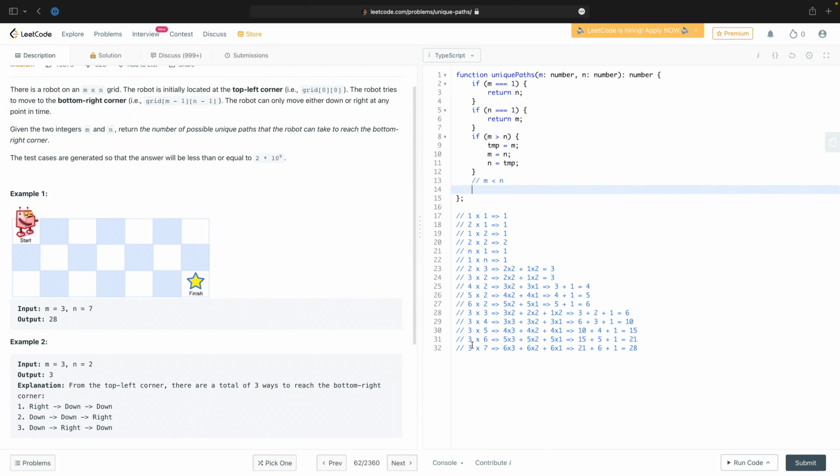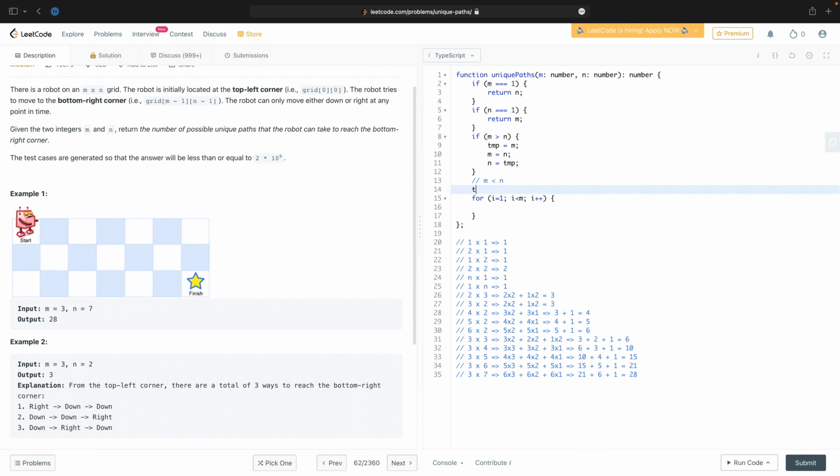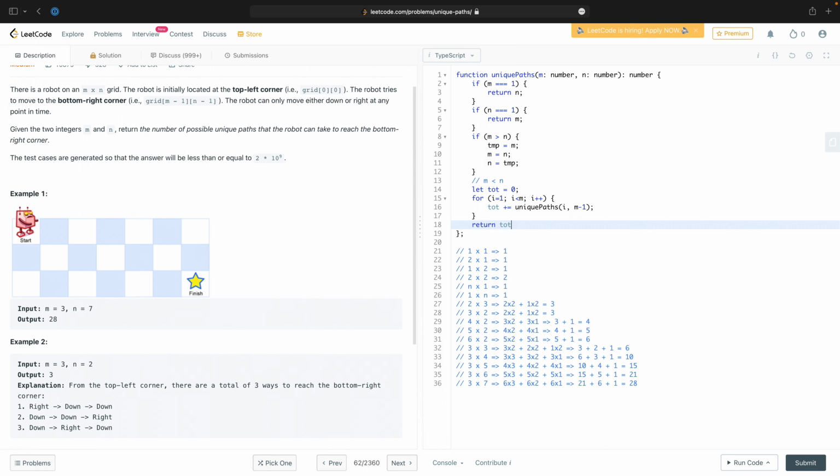Otherwise, what we want to do is, for i is equal to 1, i is less than m, i plus plus, let tot equal to 0, tot plus equals unique paths, m minus i, n minus 1, tot.